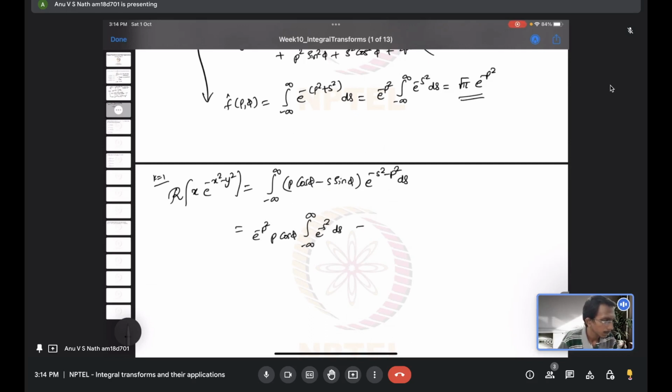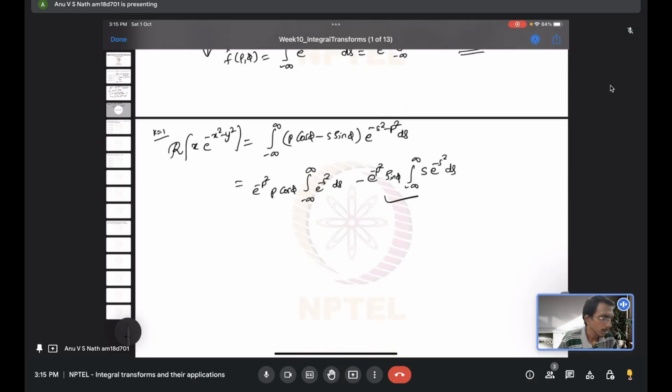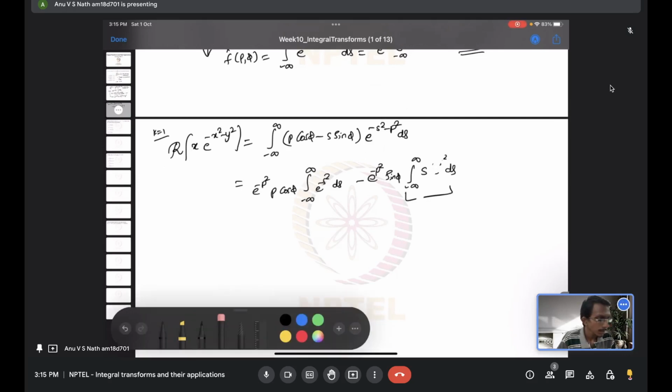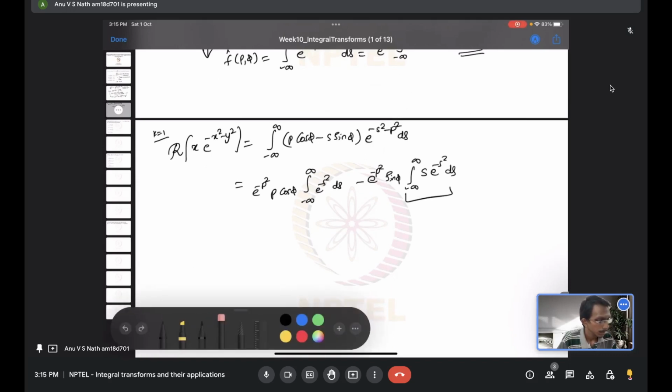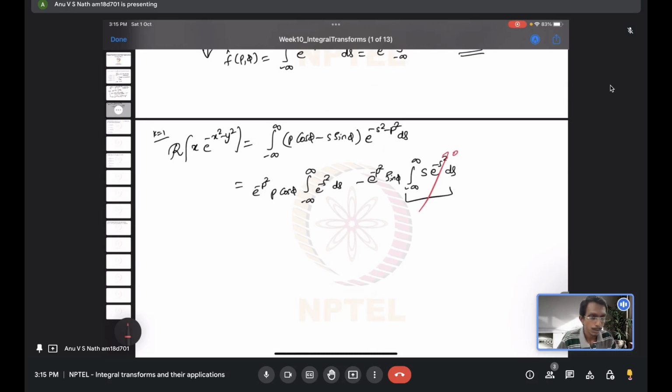Then minus exponential of minus p square sin phi times the integral from minus infinity to plus infinity of s times exponential of minus s square ds. And you see this is an odd integral, so its value will be 0.